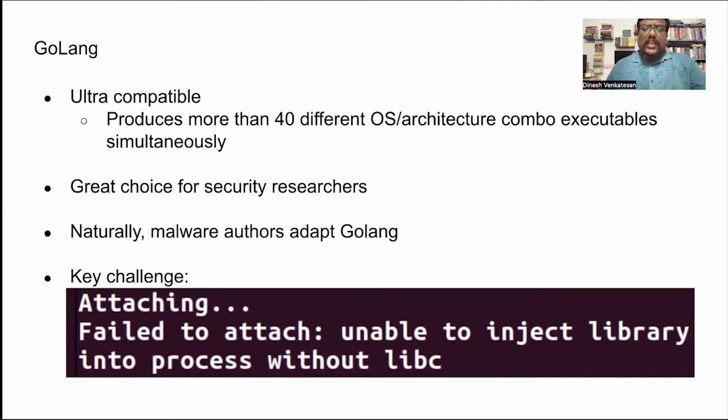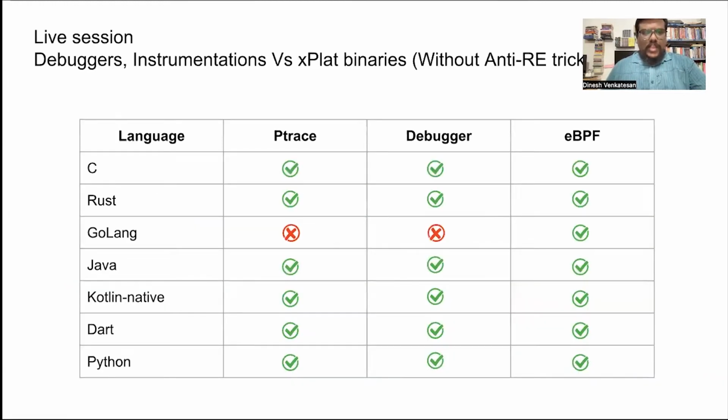We have been seeing a constant increase in malware generated by the Go language. One of the key challenges that Go-built executables pose to security researchers is that if you try to do a typical ptrace on them, you would get a message saying unable to inject library into the process because it doesn't have libc in it.